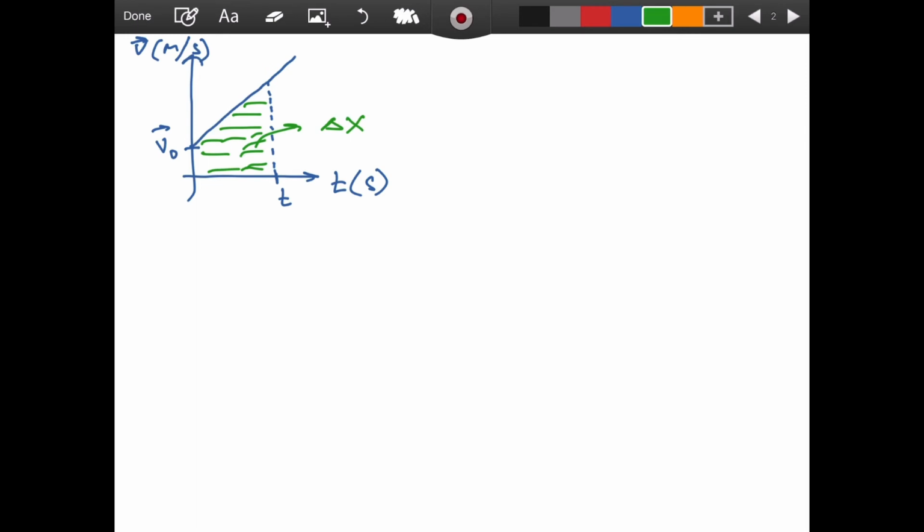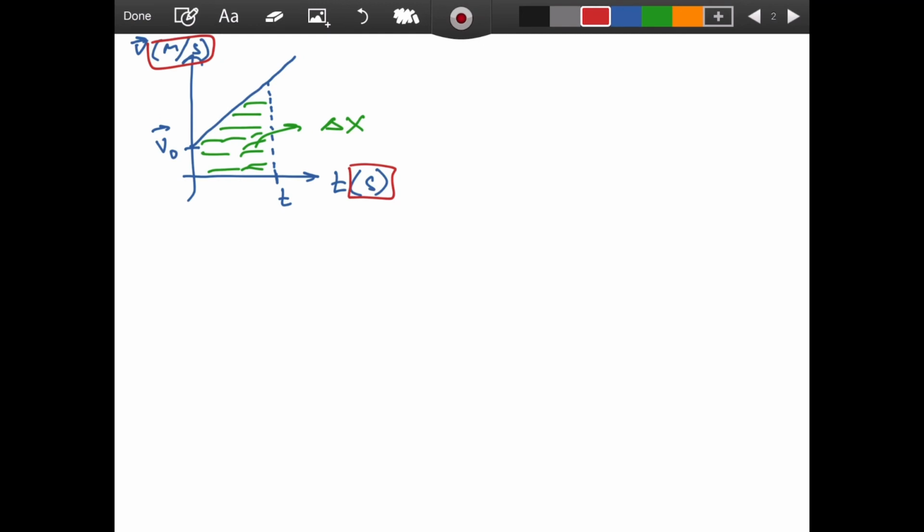And if you don't think this is correct, you can convince yourself by actually multiplying the units of our graph. We have meters per second and we have seconds. If we multiply the units of the axes, we get meters, which is a unit of position. I mean, what could it represent? Could it represent the position itself? No, because this is independent of our starting position.